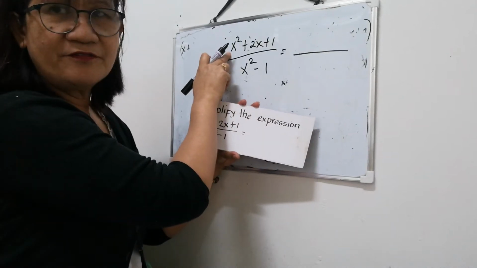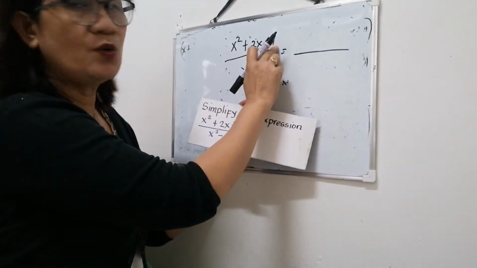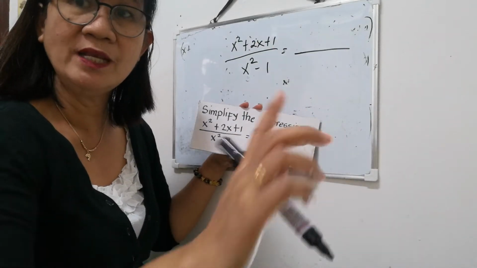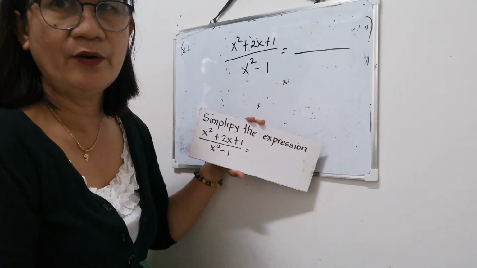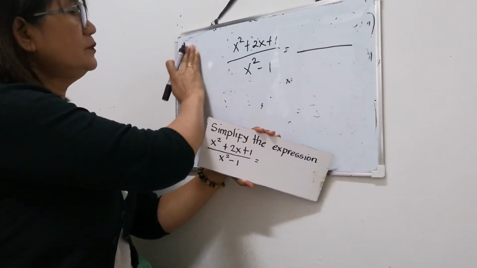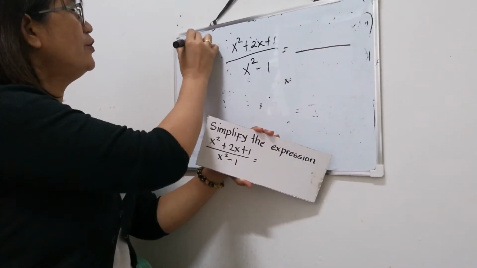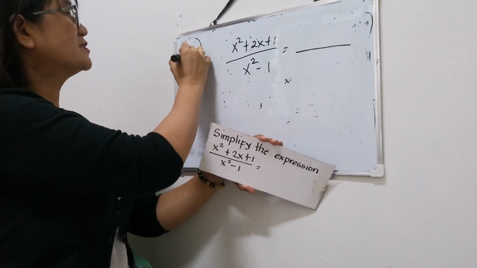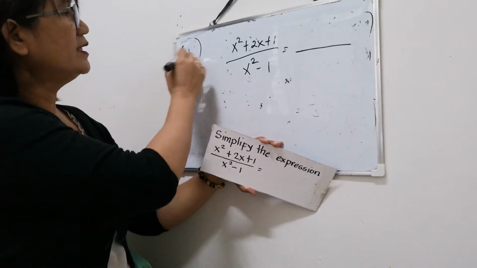Perfect square ang first term, perfect square din yung last term. Ibig sabihin, ang magiging factors niyan ay dalawang binomial na magkapareho. Okay? So, get the square root of the first term. What do you have? Get the square root of x squared. The answer is x, the quantity x.